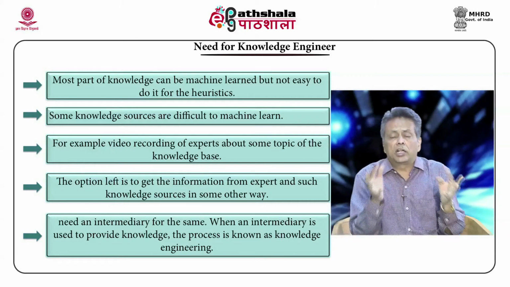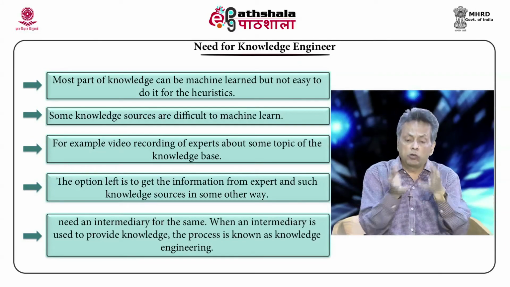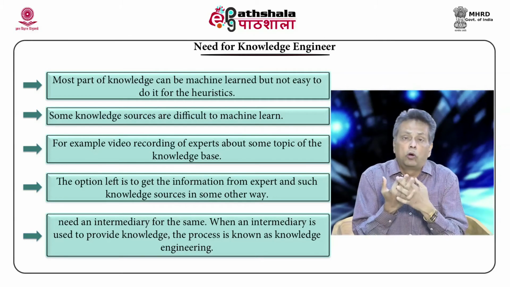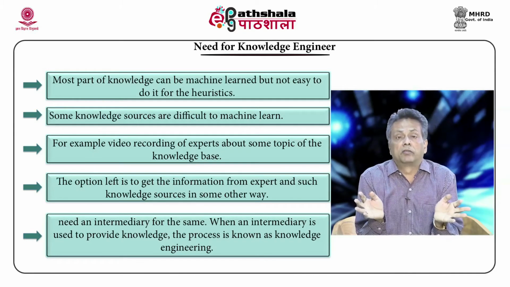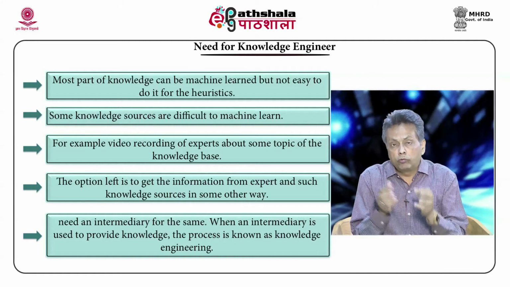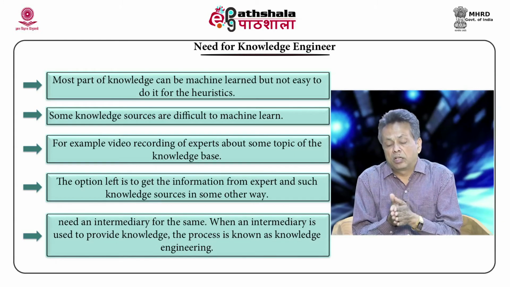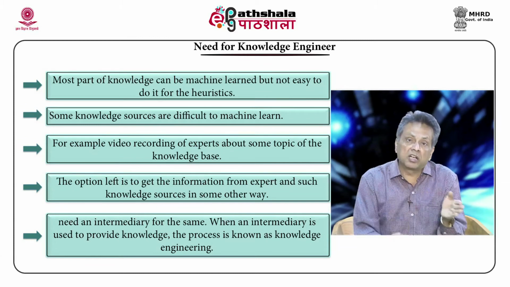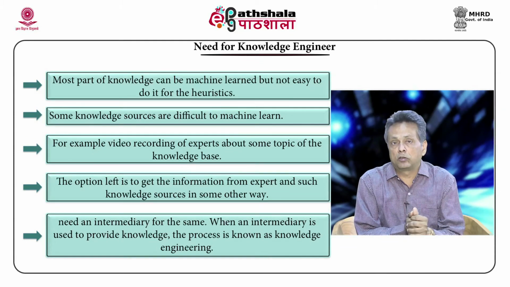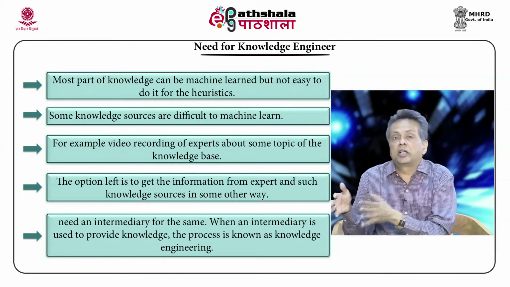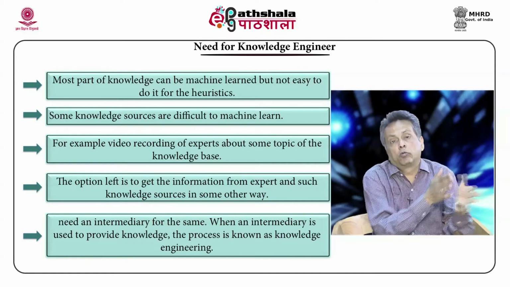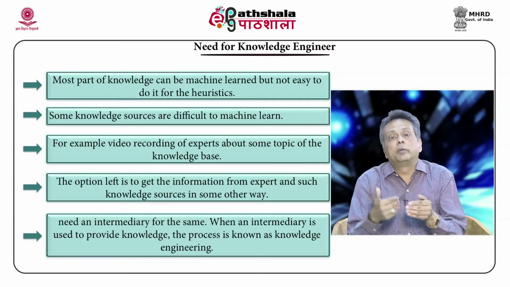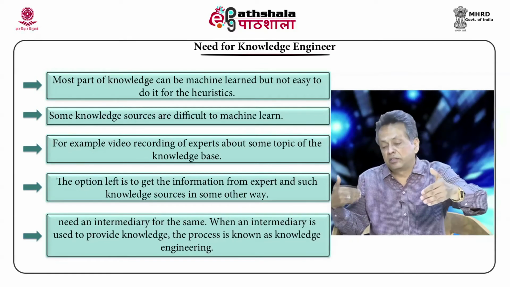The second thing, the expert has many rules of thumb, but how those rules of thumb are represented in either predicate logic or frame or the XML form, he probably has little idea about. So, the problem is to be solved, and this problem is not as easy. So, what you need is another expert called knowledge engineer, who has a good idea about how the system functions, has some idea about what the expert does in his domain, and can act as an intermediary between the expert and the system.